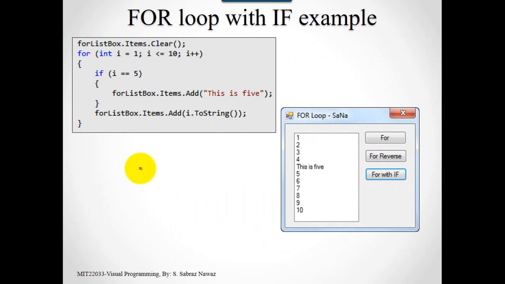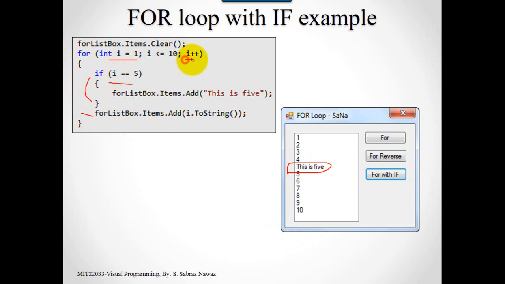And then another example is displaying a text value if it meets the value of 5. Each time it checks, first i equals 1, so it is tested. Is i equal to 5? No, so it is skipped, and then this line of code is added.